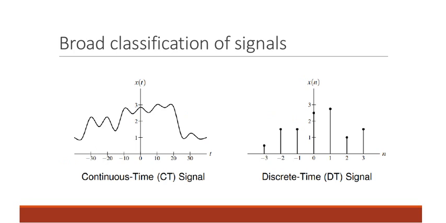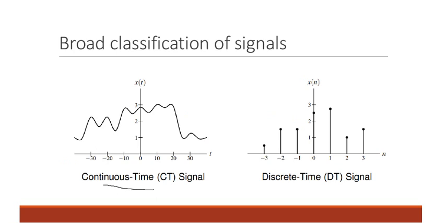So continuous time signals, the name itself tells us continuous time. So what is continuous here? Is it the time or is it the magnitude of the signal? Continuous signals are ones which are present for all instants of time. The measurement of the variable is present for all instants of time.